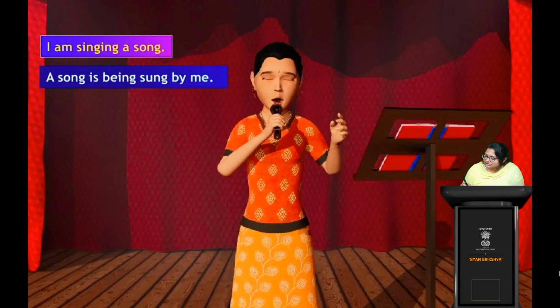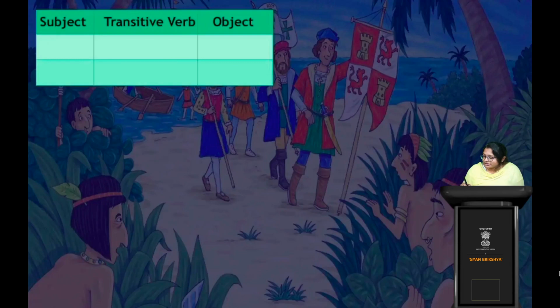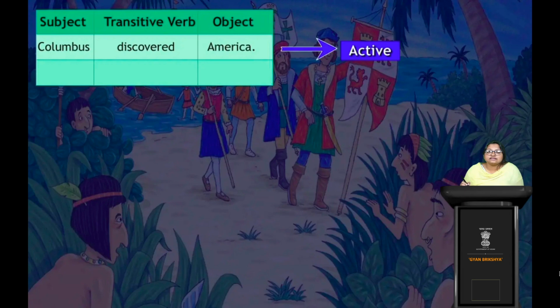Okay, now what is this? Let's look at this table: subject, transitive verb, and object. So the sentence is Columbus discovered America. We know this? Yeah. Now if we have to change it, what will we say? This particular sentence is in active voice, as we call it.